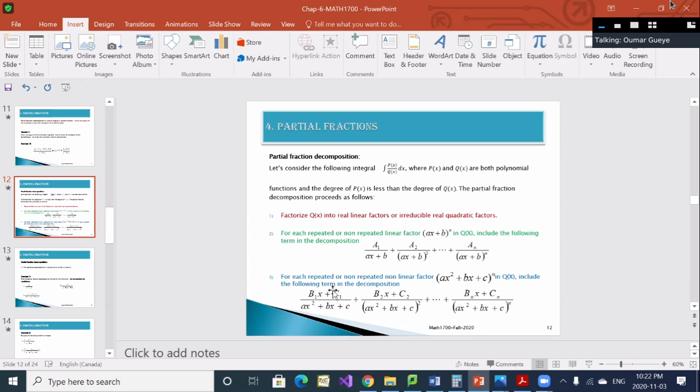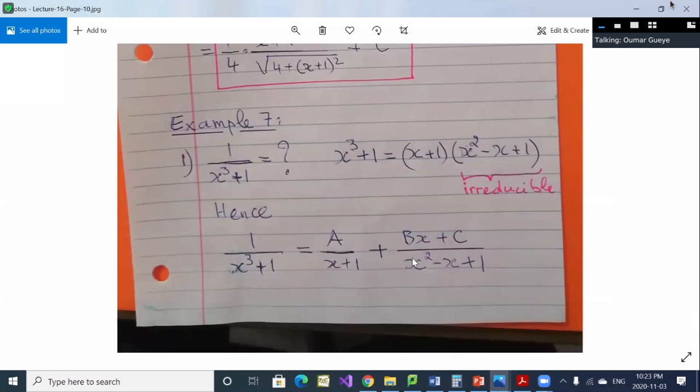You can name your coefficients using any letter. You can use mx plus n or ix plus j or kx plus l. It doesn't matter. And that's exactly what I use here. To conclude, we have to add the two terms. This term is obtained from the first factor, and this term is obtained from the second factor. Adding all terms obtained from steps 2 and 3, you get your partial fraction decomposition. And this is the partial fraction decomposition of this rational function.